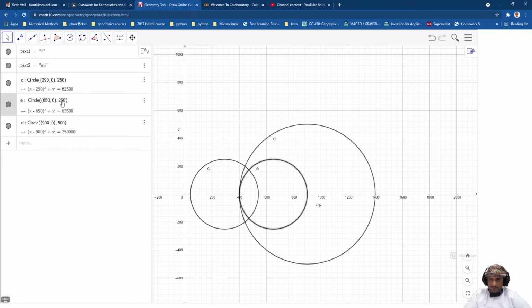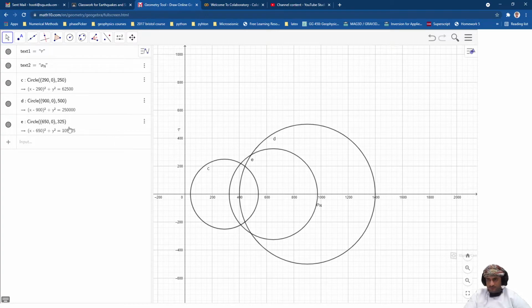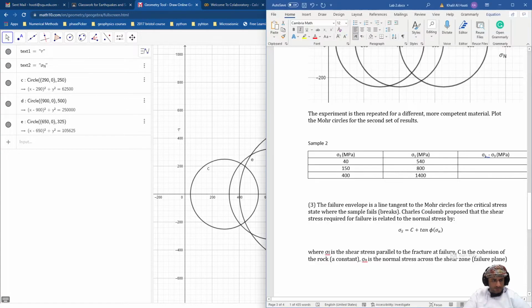Okay, is there something wrong? Yes, here this one's supposed to be 325. This 325, I think there is something wrong. Let me double check my variables.